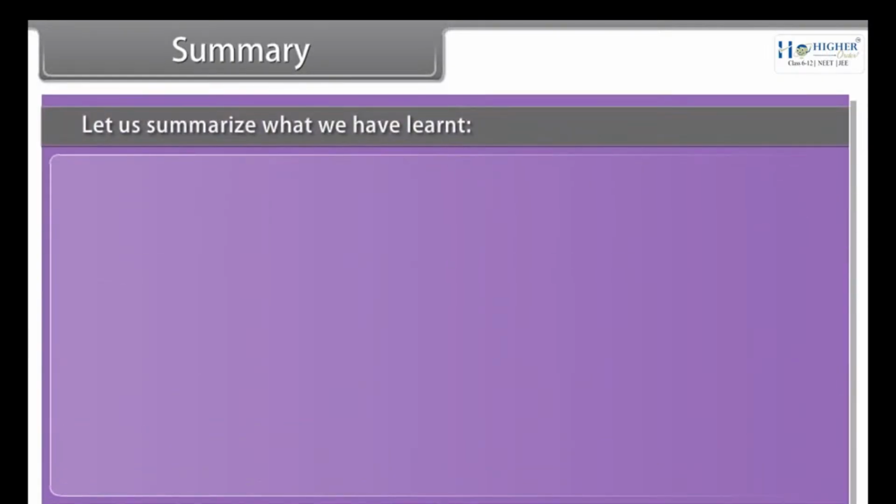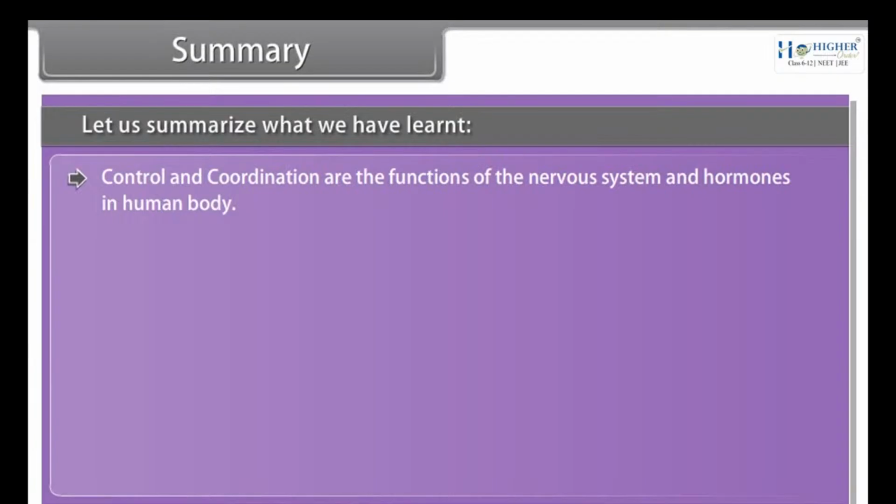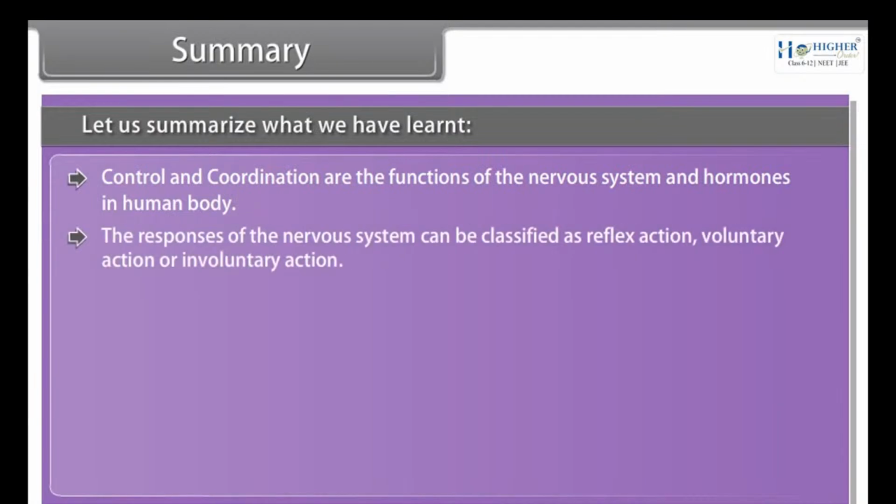Summary. Let us summarize what we have learned. Control and coordination are the functions of the nervous system and hormones in the human body. The responses of the nervous system can be classified as reflex action, voluntary action, or involuntary action. The nervous system uses electrical impulses to transmit messages.